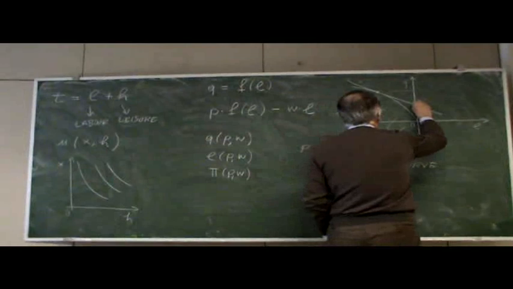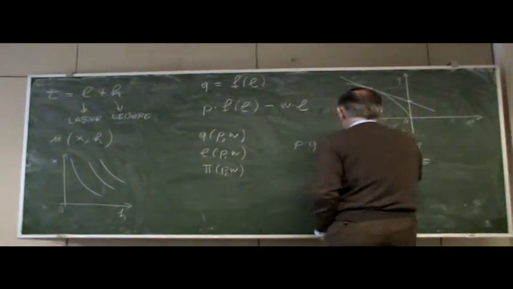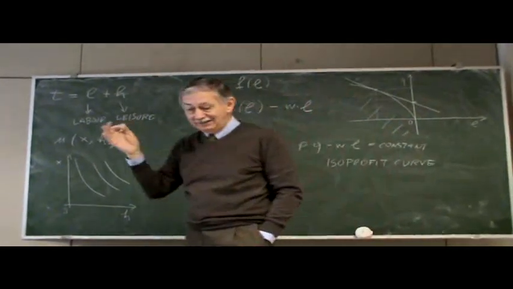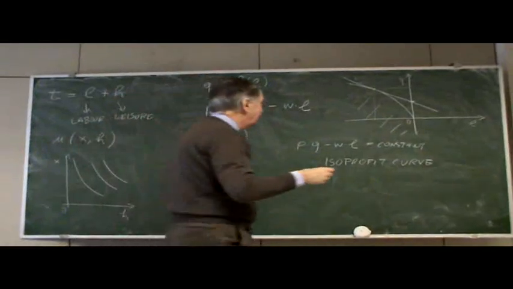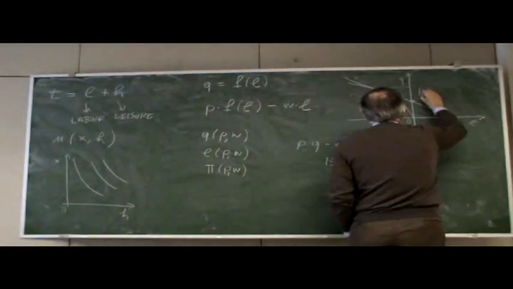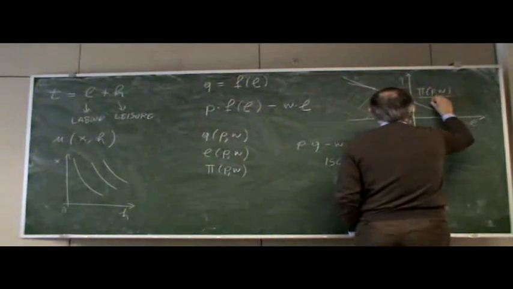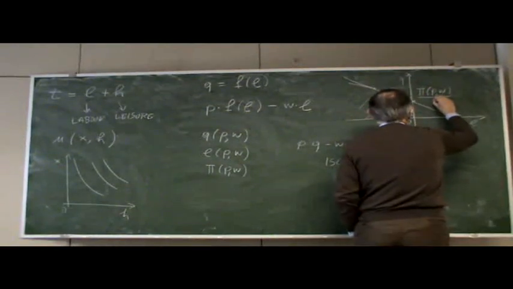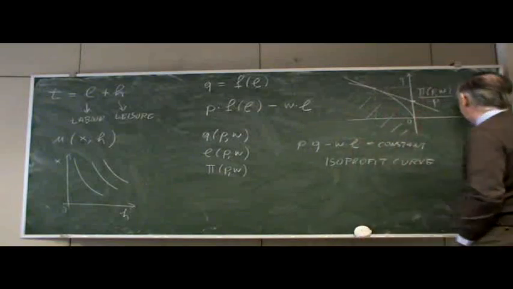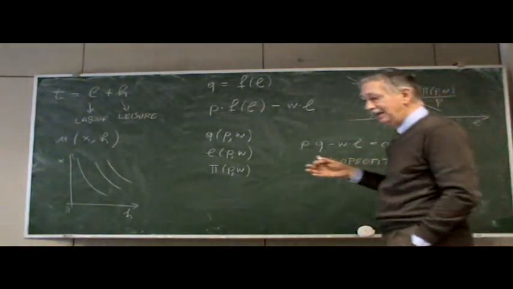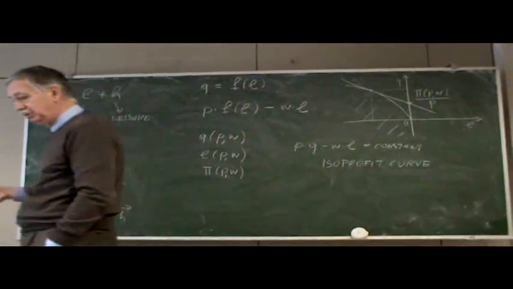Note that the intersection with the vertical axis represents the profit pi of P and W expressed in terms of produced goods, that is, the profit divided by the price of the produced good.